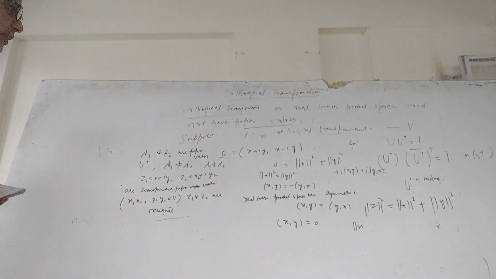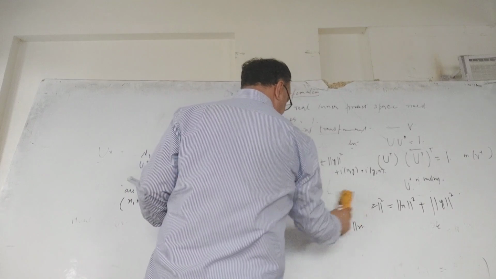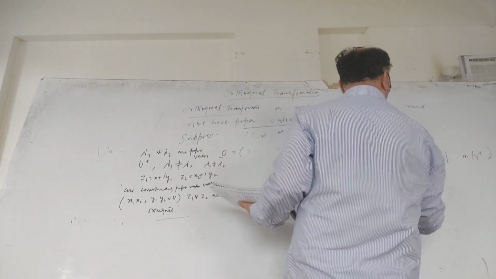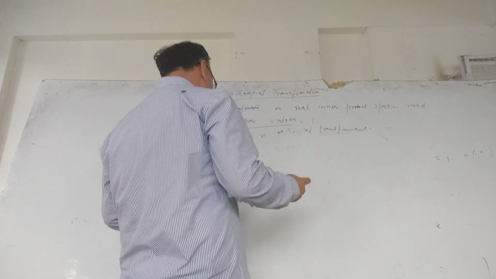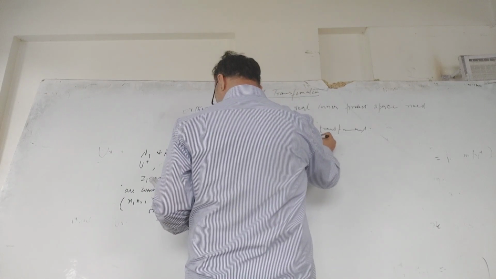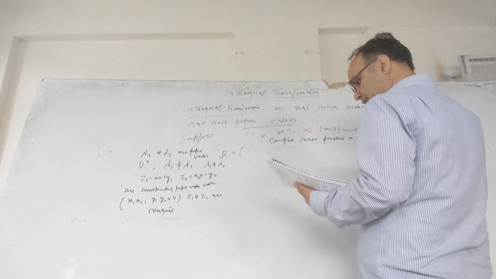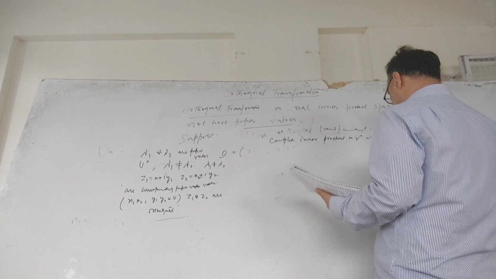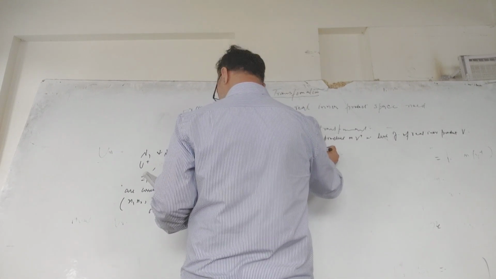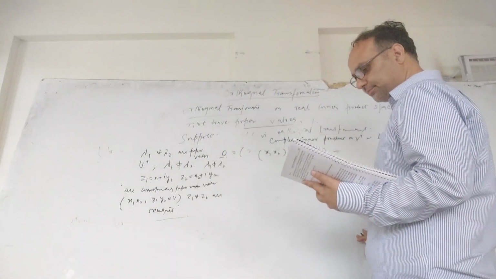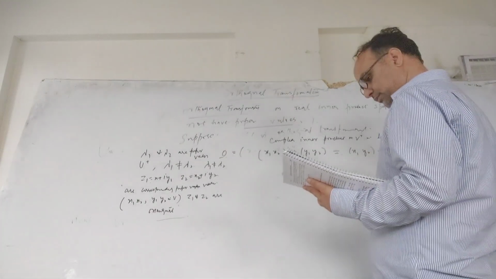So if we want to write the same thing in terms of real inner product space, we can further extend our exercise to the complex inner product on V plus in terms of the real inner product on V. So we'll have x1 x2 plus y1 y2, and x1 y2 minus y1 x2, it will be 0.